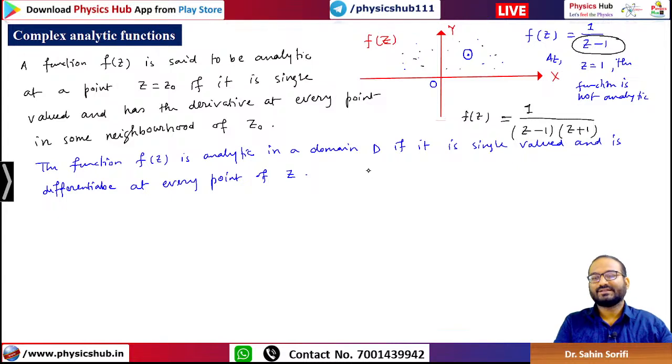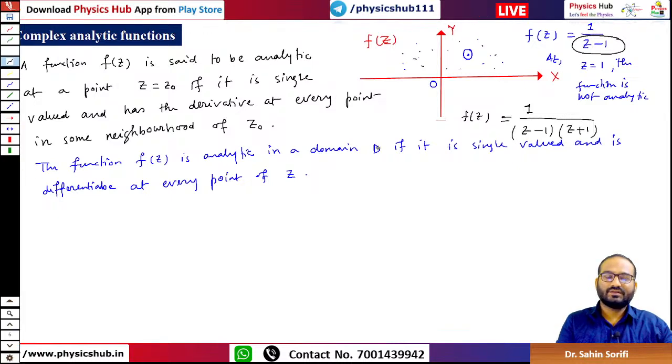So you will set the denominator equal to 0 and find the value of z. That z can give you, let's say, 1, 2, 3 or 1 plus i, a complex number also it can give you. If it gives you z equals 1, then it will be on the real axis. If it gives you z equals 1 plus i, it will be off the real axis, and so on. So you will set the denominator to 0.